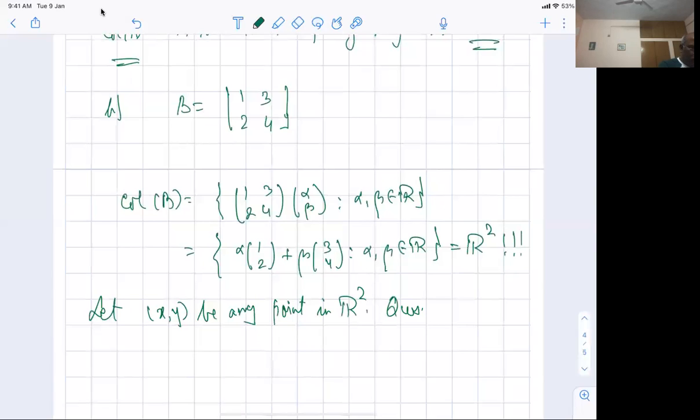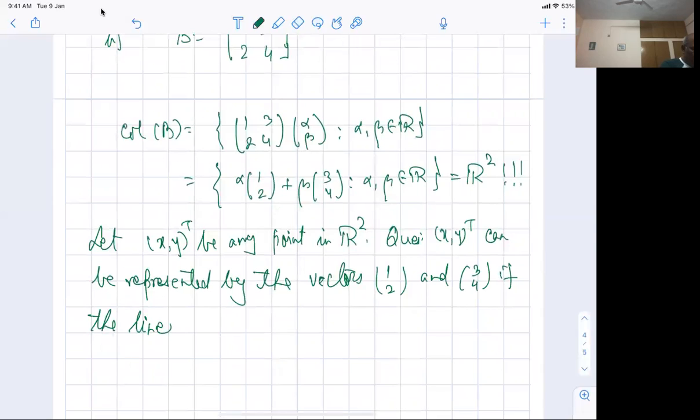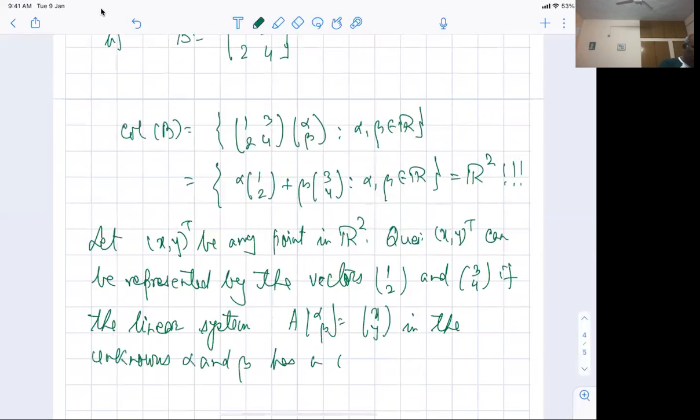Question: x comma y transpose can be represented by the vectors 1, 2 and 3, 4 if the system A times alpha, beta is equal to x, y in the unknowns alpha and beta has a solution.